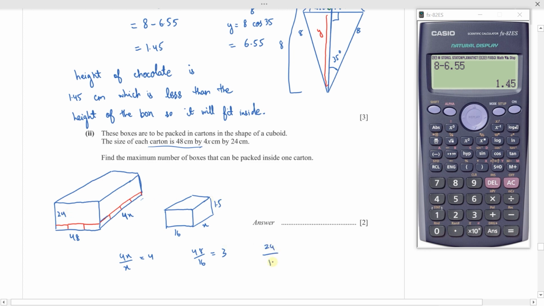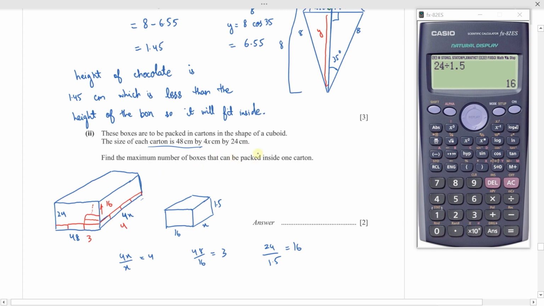So 24 divided by 1.5 is 16. So along the height, you can fit 16. So along this length, you have 4. Along this length, you have 3. And along the height, you have 16.